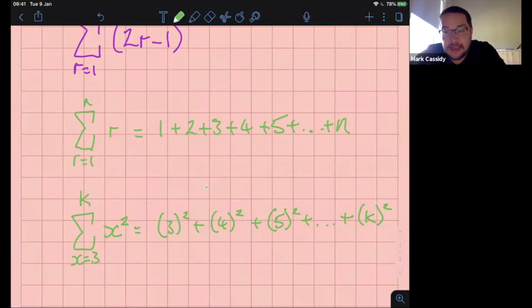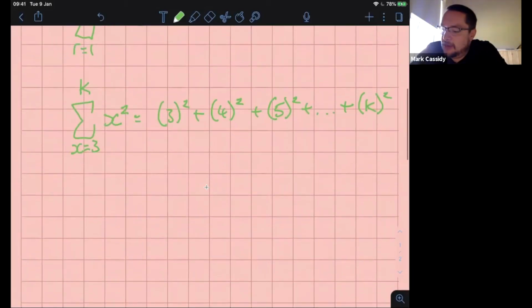Does that make sense, Lucas? The symbol's called sigma. It's a Greek letter. The other one that you might come across is, say, r equals 1 to k of r plus 1, say, for the sake of argument.